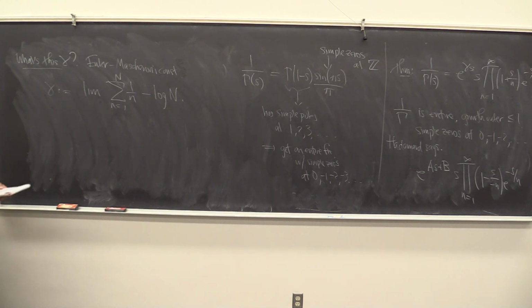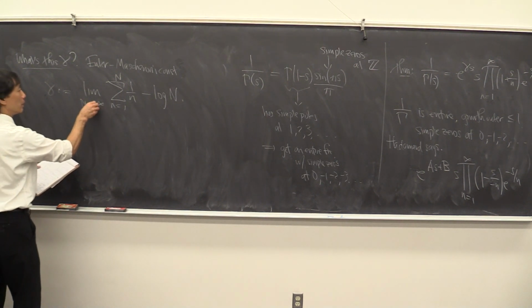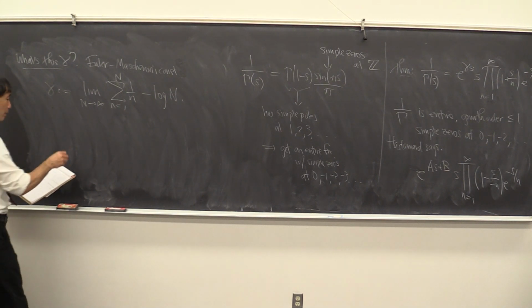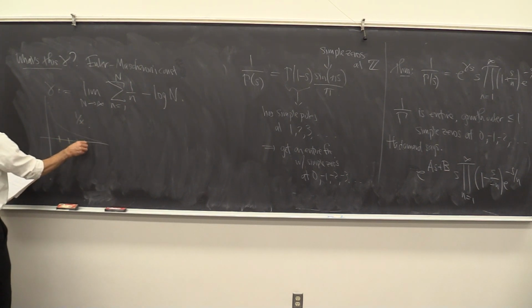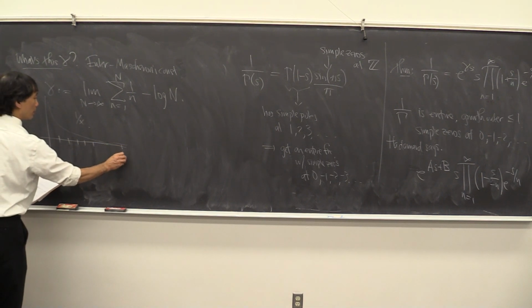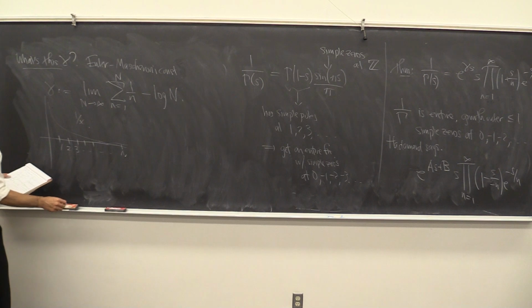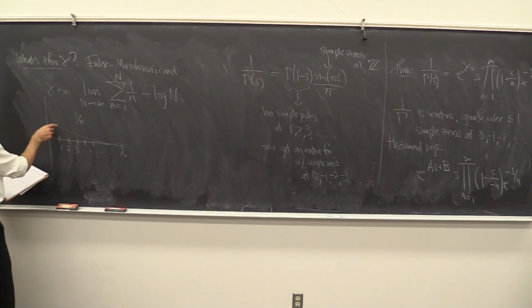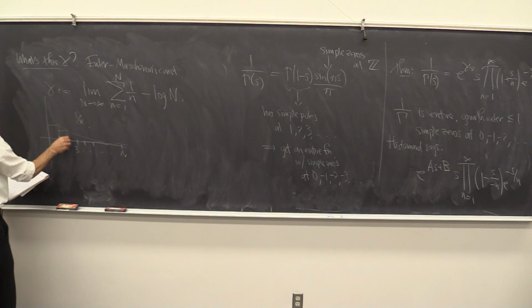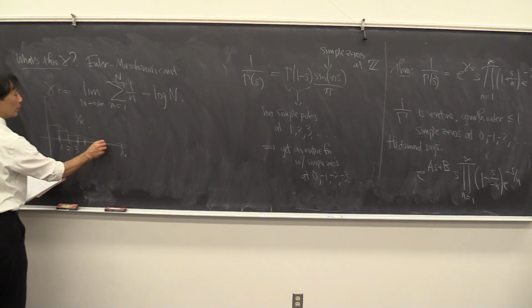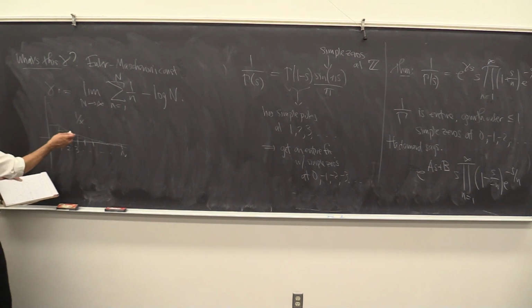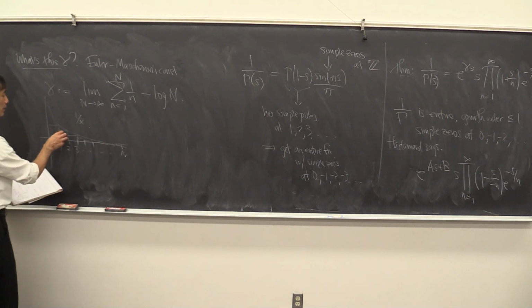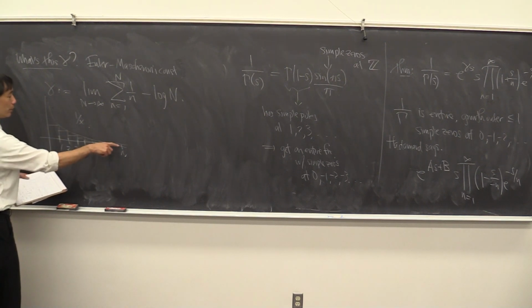I don't know if you've seen this before, but basically you have the 1 over x function, right? And you take 1 over n, so you take 1, a half, a third, a fourth, and so on, up to 1 over n, and then you subtract off log n. That's to say, the area under this curve here.